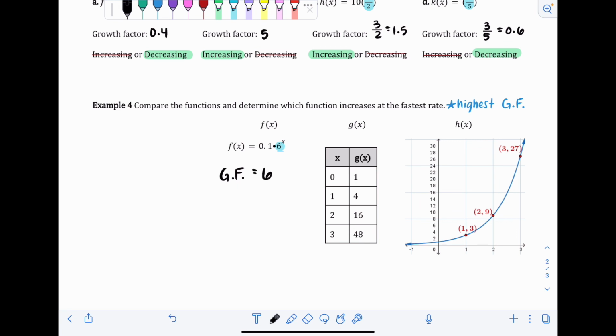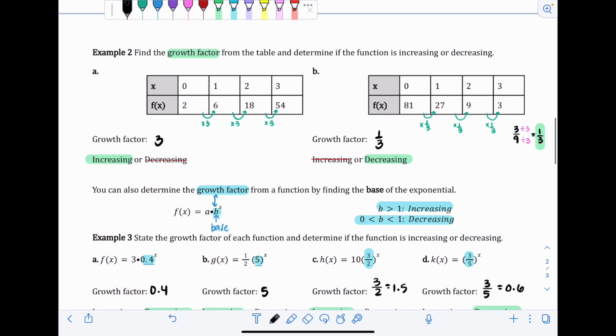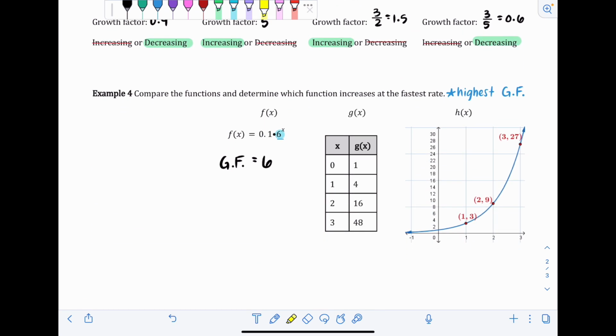For g of x, we're given it in a table. I'll go back up to the table examples really quick. To find the growth factor from the table, we had to figure out what we need to multiply by to go from one output value to the next output value. If we look at my table, I'm just focusing on the g of x side. So 1, 4, 16, 48. To go from 1 to 4, I need to multiply by 4. To go from 4 to 16, I need to multiply by 4. And then to go from 16 to 48, that is a typo.